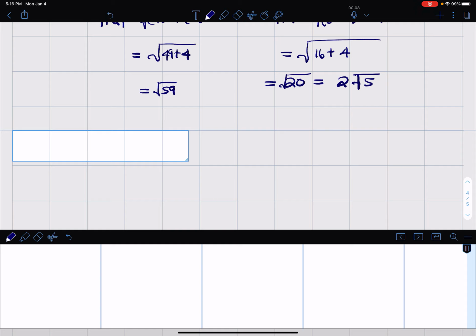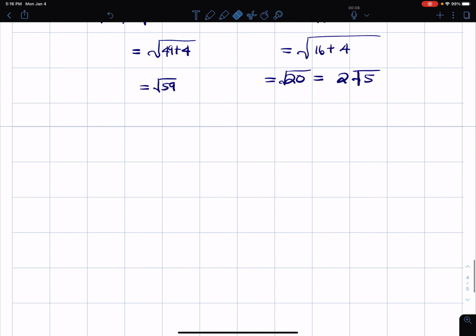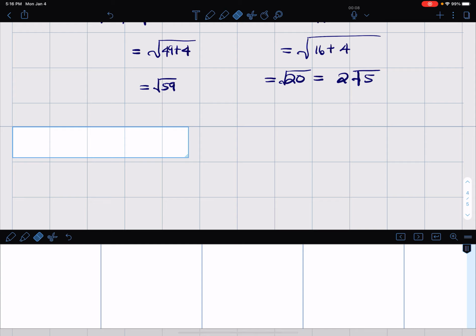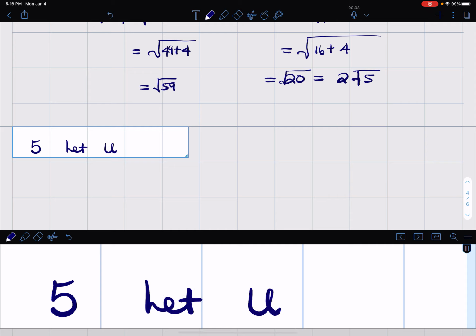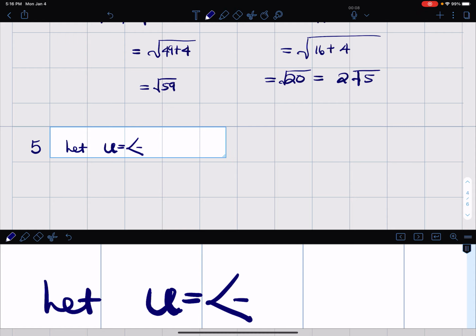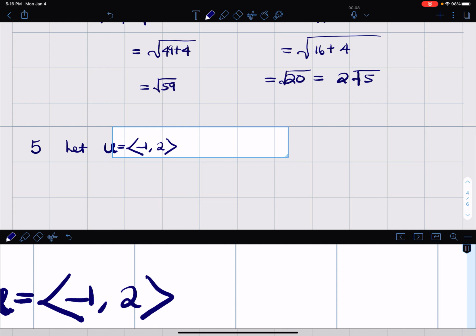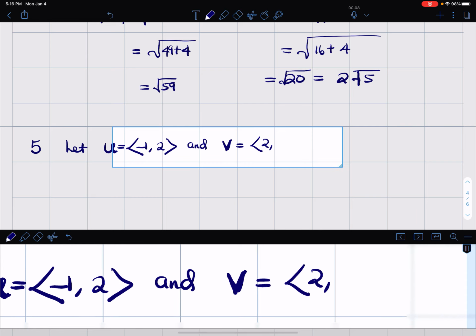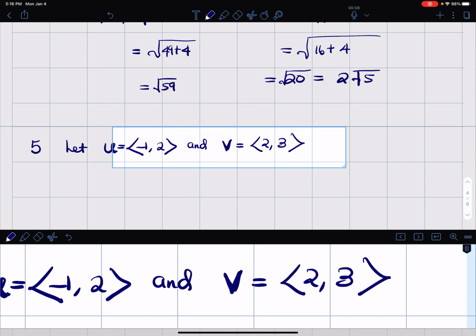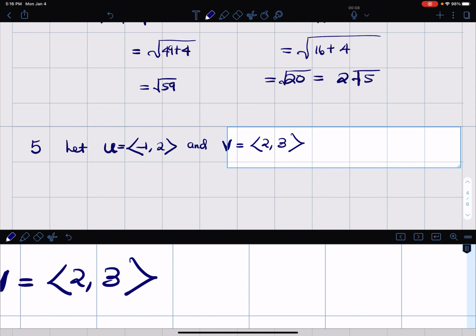So let's look at example 5. We're going to let u be equal to -1, and v be equal to 2, 3. Okay. Find the following.